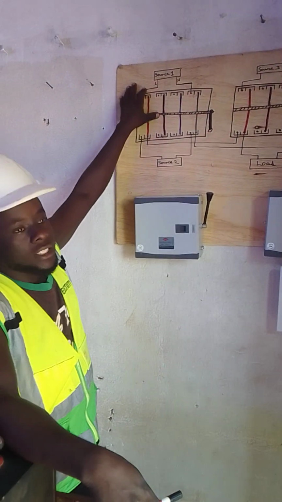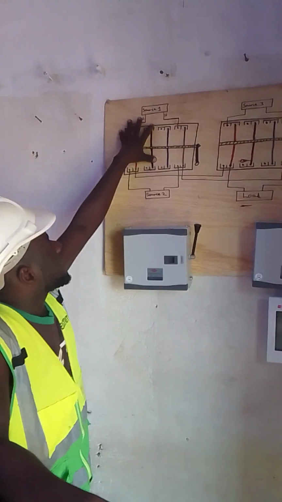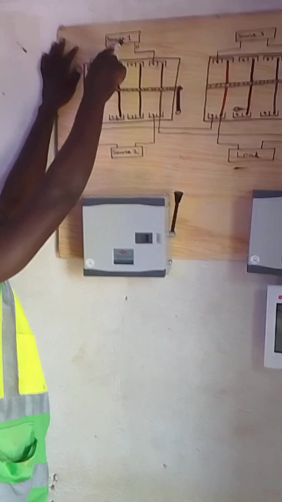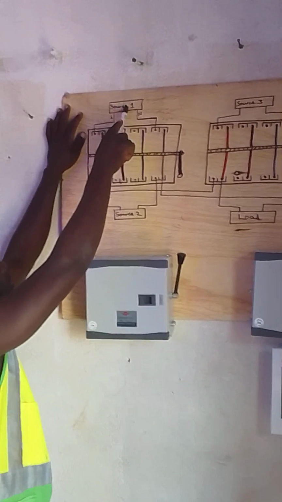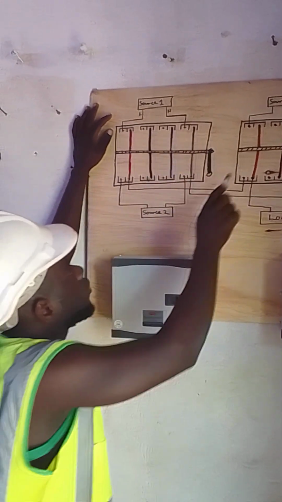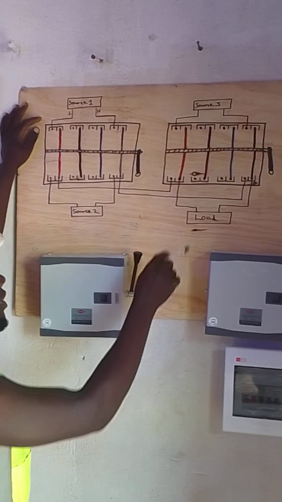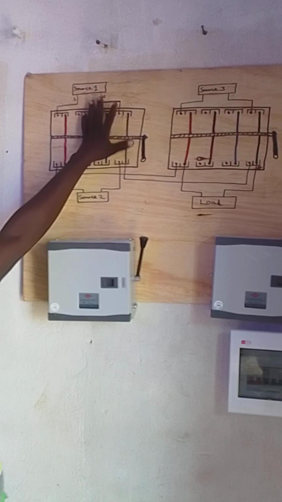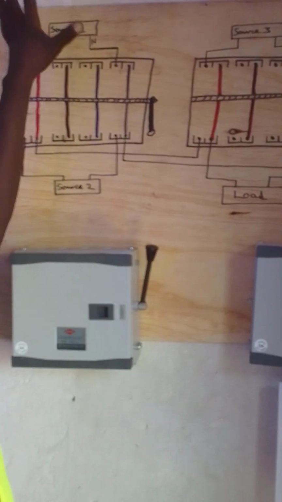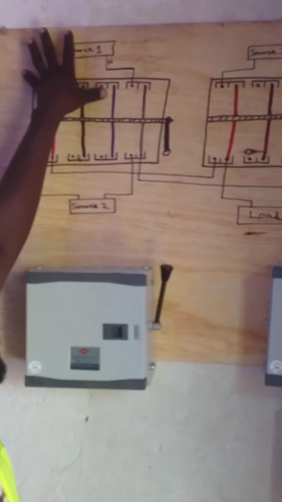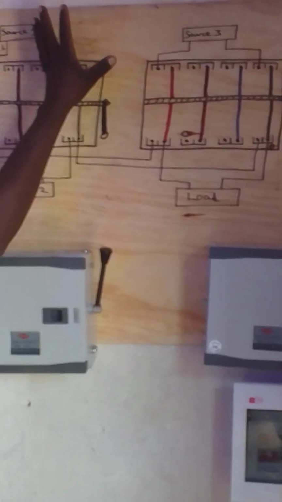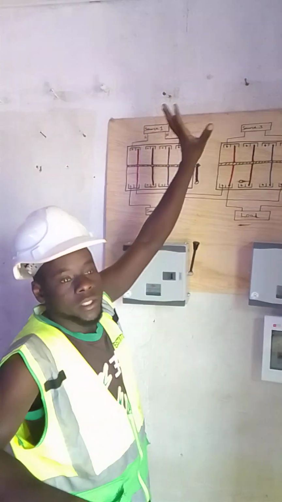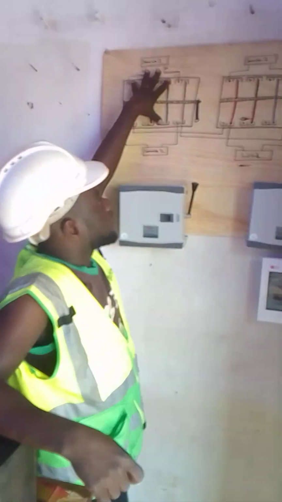So now, as you can see from this wiring diagram, here is our source 1, source 2, source 3, then this is our load. Today we are connecting the three-phase power source using two pieces of changeover.